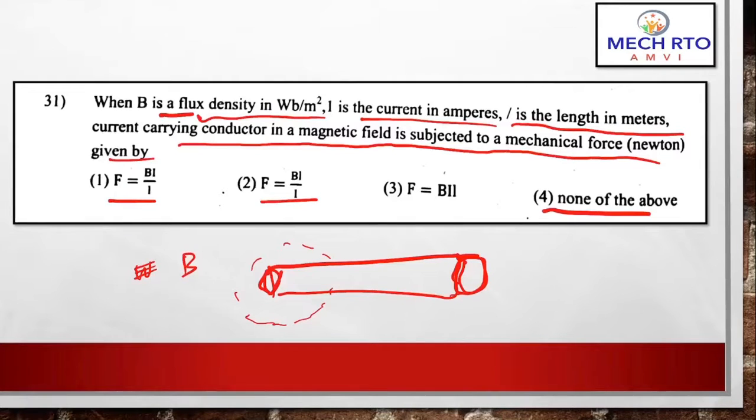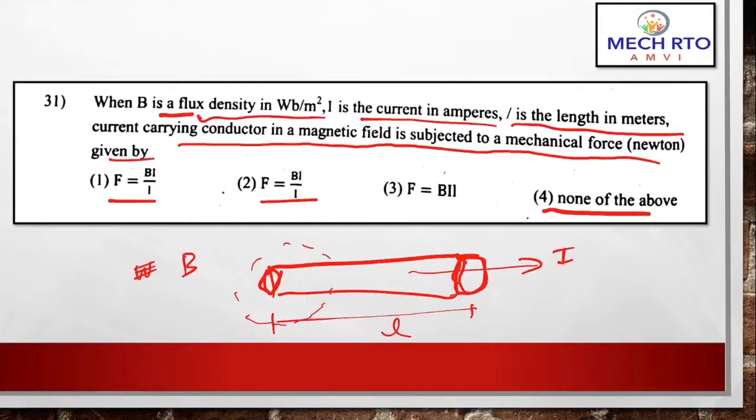Now the conductor will be carrying a certain current, that is I, and it has a certain length, L. This is the length of the conductor. So what kind of force is experienced by this conductor? That is what this simple question is asking.